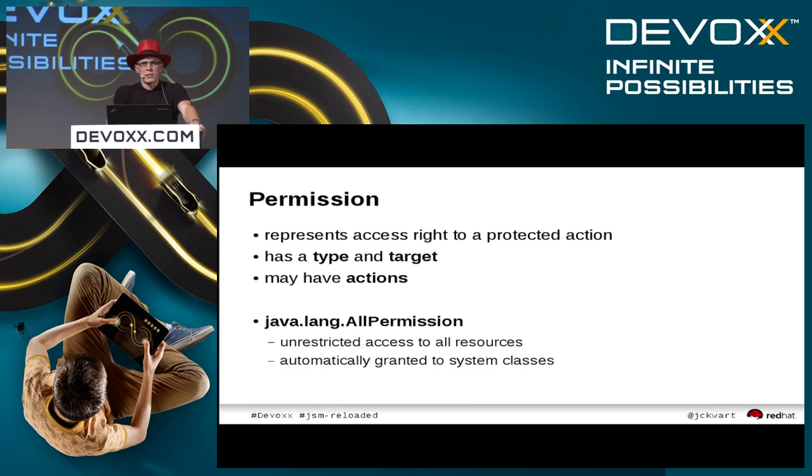In our case, for example, for file permissions there were read and write, the same for property permissions. And as we already mentioned, AllPermission is a special type of permission, and it's automatically granted to system classes. So all Java classes from the Java runtime have this AllPermission assigned.